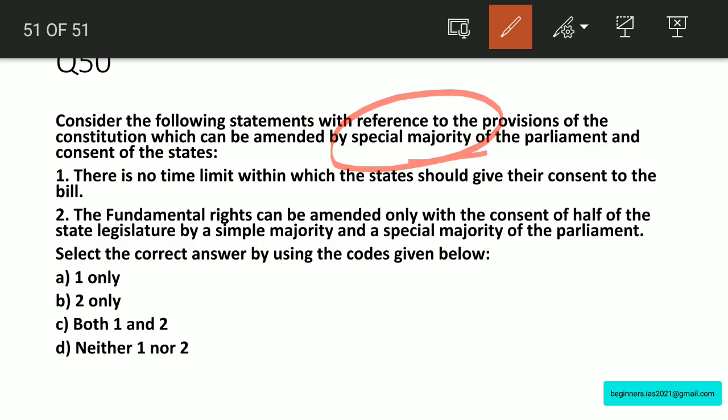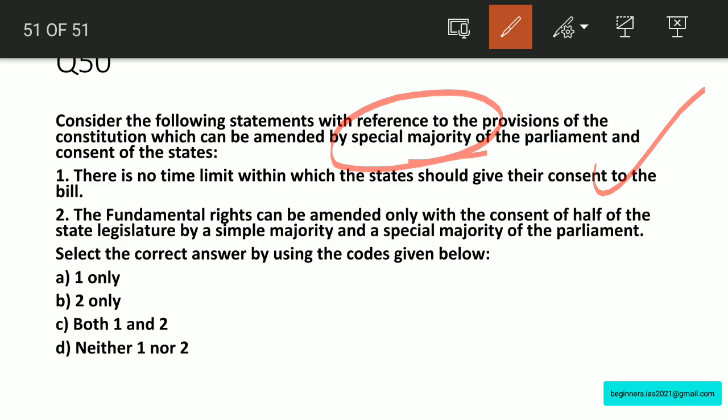There is no time limit within which the states should give their consent to the bill, yes. And then what about statement number 2? The fundamental rights can be amended only with the consent of half of the state legislatures by a simple majority and the special majority by the parliament.